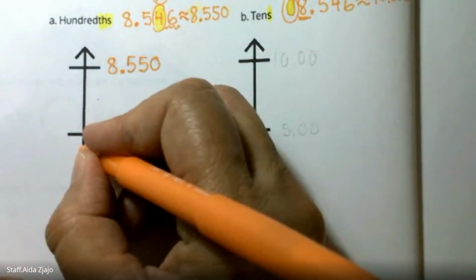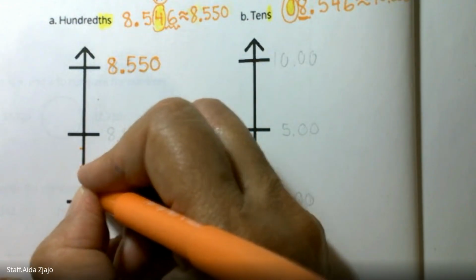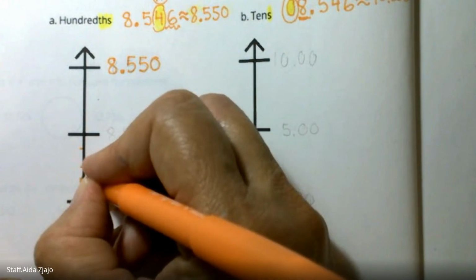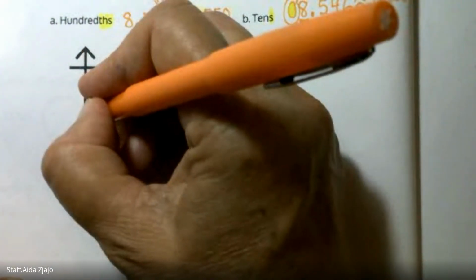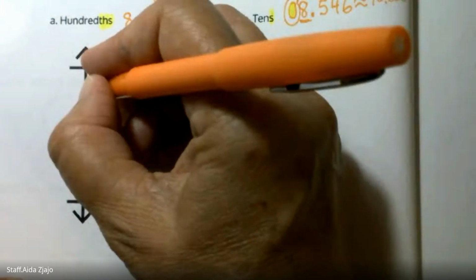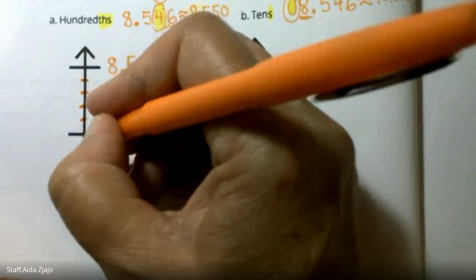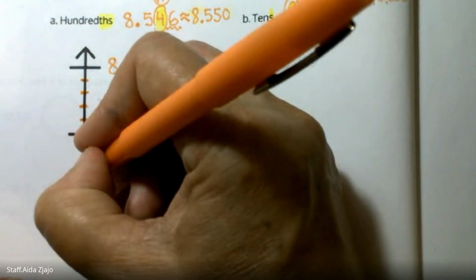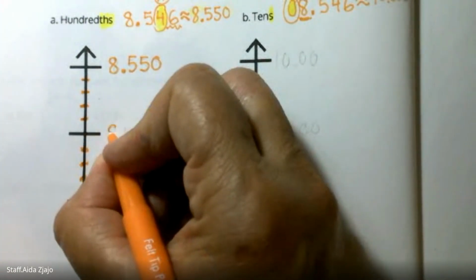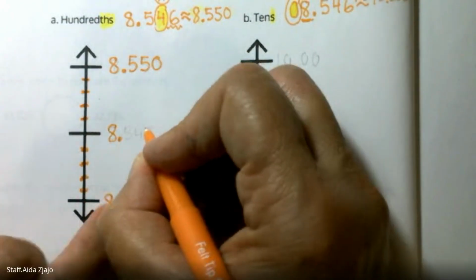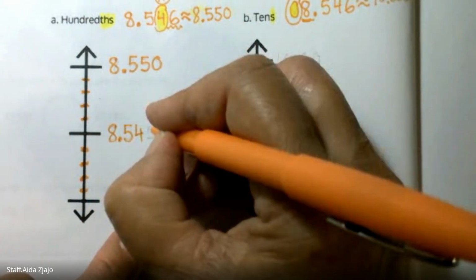So if I make 4 lines, 1, 2, 3, 4, and then 1, 2, 3, 4, this is approximately 10 numbers, and on these numbers the midpoint is 8 and 545.